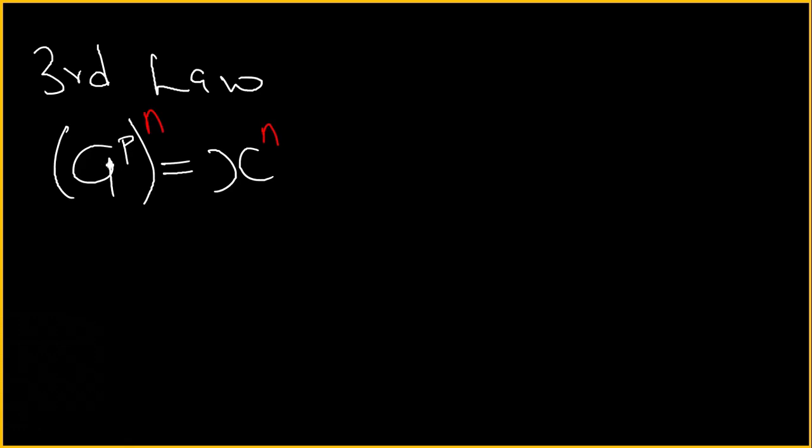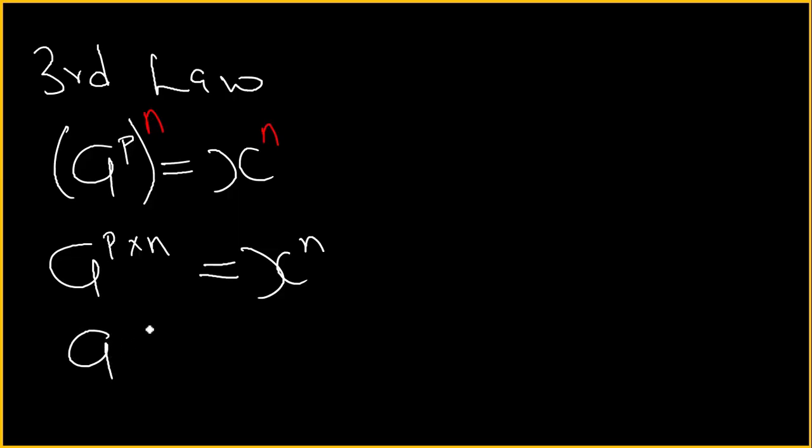Back with the notion on indices, a raised to the power p to the power n can be simplified in the form a raised to the power p multiplying n equals x to the power n. The same thing can be simplified as a raised to the power pn equals x raised to the power n.